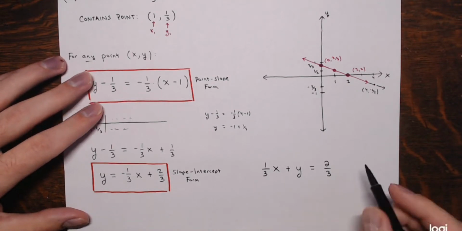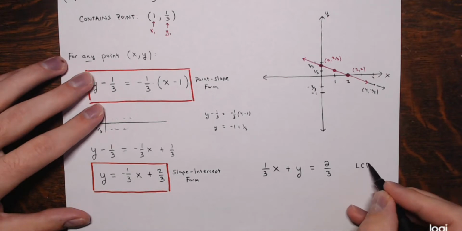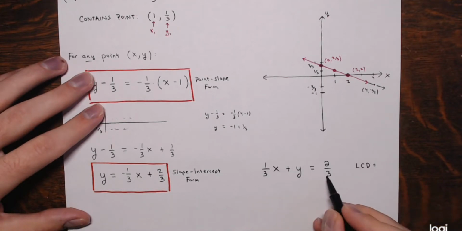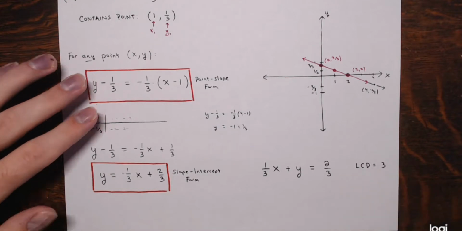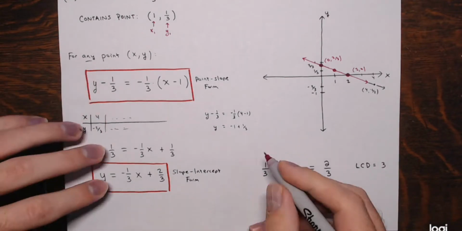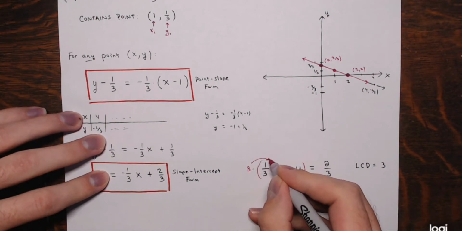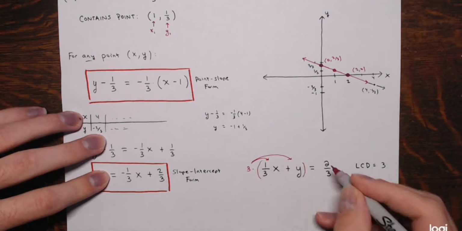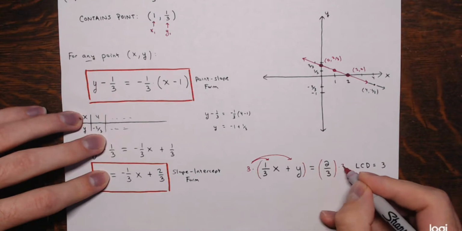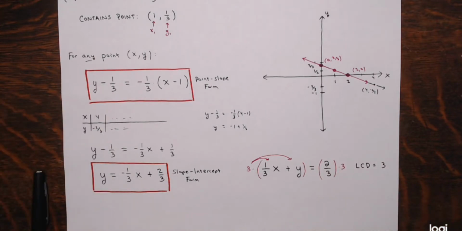The least common denominator, the LCD, for this particular equation is 3, clearly. So then I multiply both sides by 3. Multiply both these terms by 3, which I'll have to distribute because there are multiple terms over there. Multiply this side by 3. And then the coefficients will all be integers. You'll have cleared those denominators away.